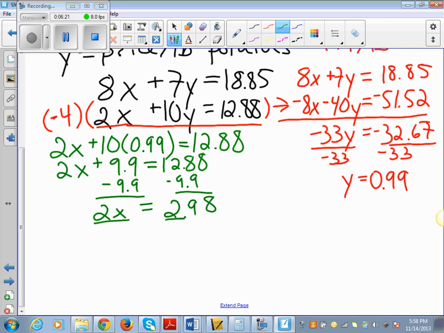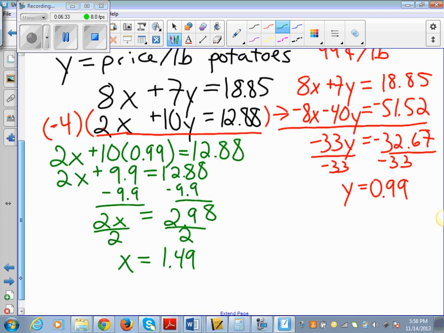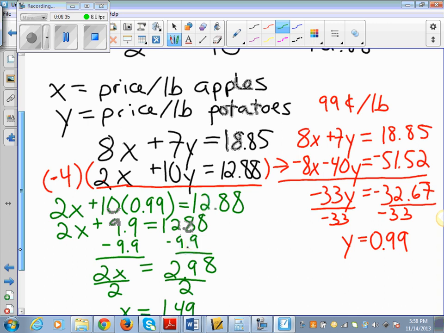So now we're going to get x all by itself by dividing by 2 on both sides. We get x is equal to 1.49, or $1.49 per pound, which also seems somewhat reasonable. So we can fill that in here. Apples are $1.49 per pound. And that's the answer to number 4.